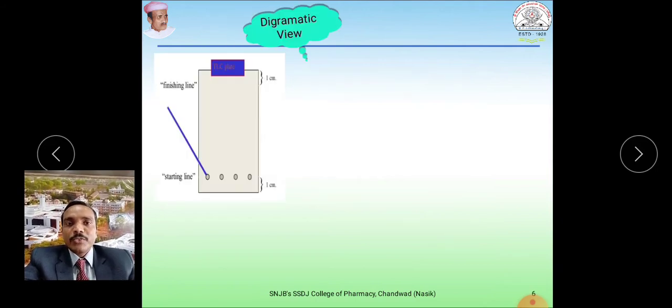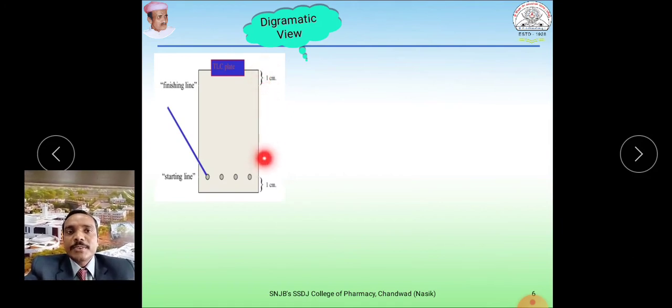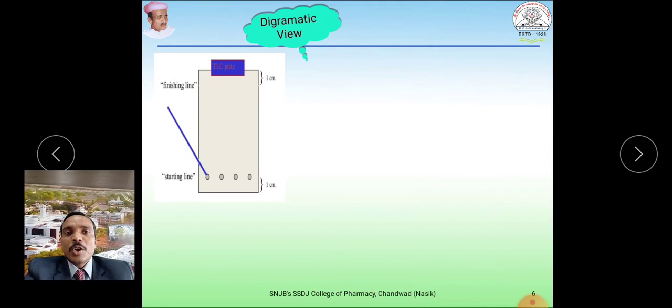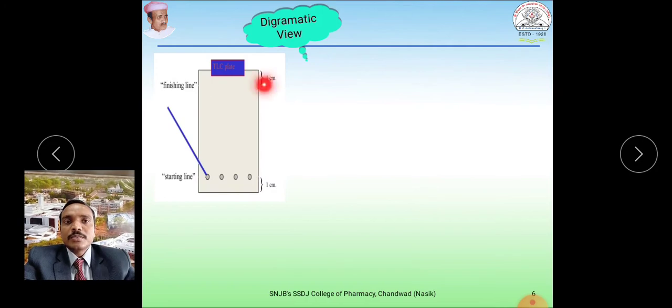So this is a diagrammatic view. You can see here this is the TLC plate. We have spotted the components at a certain level, you can see here 1 centimeter from the bottom. When we place this plate in the TLC chamber, we have to run it up to this distance, that means the solvent front finishing line.